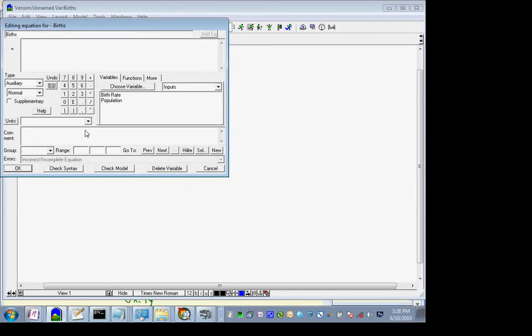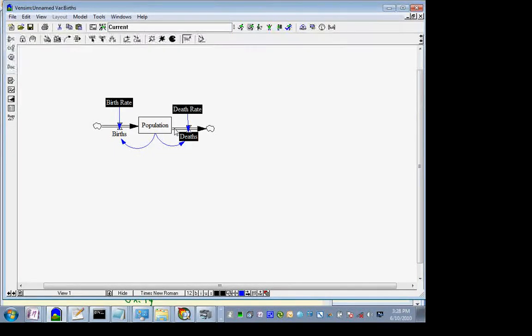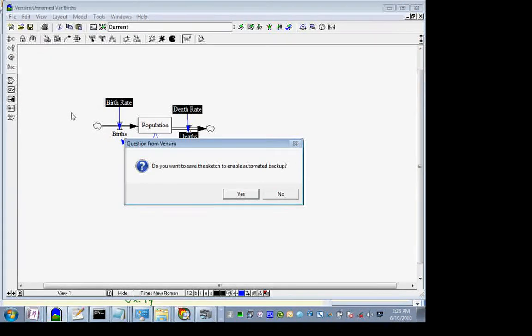Births is going to be birth rate times population. I'm filling this in, but it's person per whatever it is. Let's make it year, because often birth rates are in years. I can't remember what the default is, if it's months or year. No, it's months.